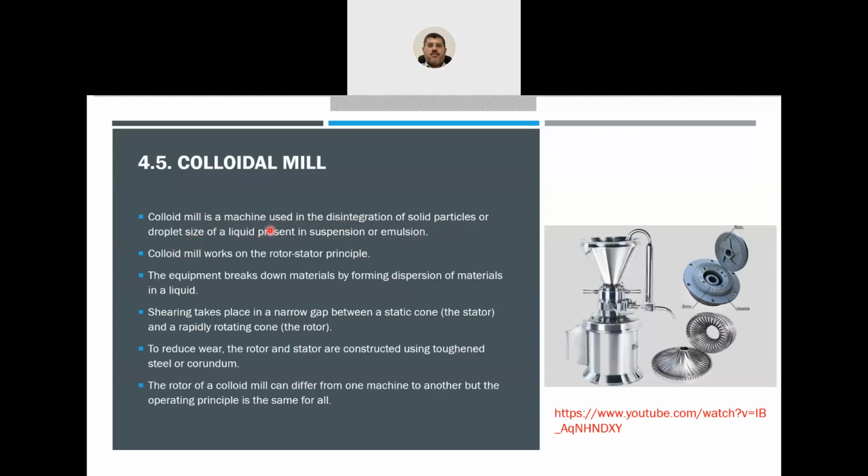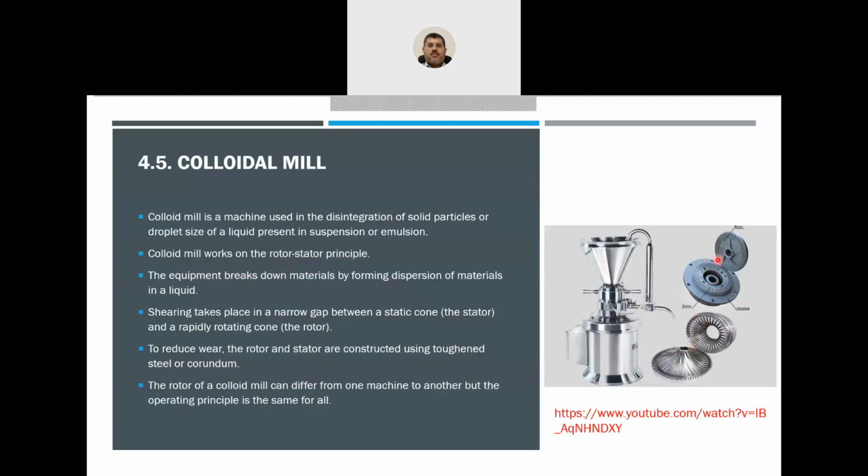So once you introduce an emulsion, the size of globules of the emulsion will be reduced. And if you introduce a suspension, it will reduce the particle size of the suspended solids to make them very fine. It works on the rotor stator principle, in this shape.